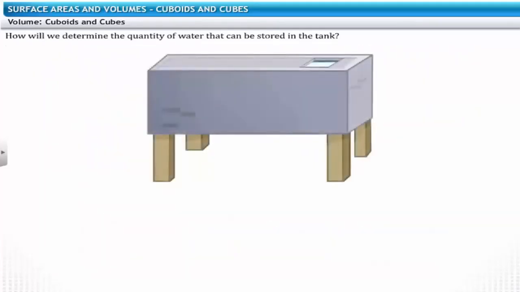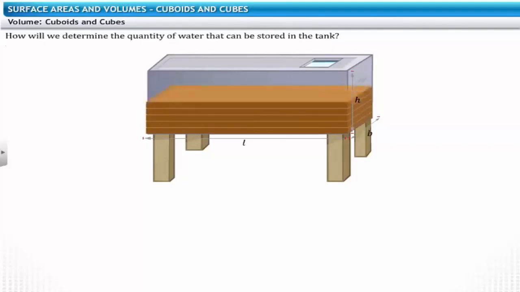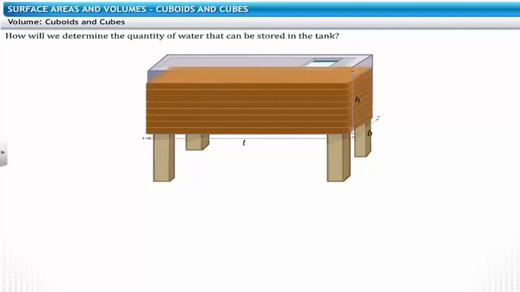Now, in case of the tank, if its length, breadth, and the height is known, then we can derive the formula to calculate the volume of the tank. Let's imagine the water tank is made up of H number of rectangular sheets. The space occupied by one sheet, or the volume of one sheet, is equal to the area of a single rectangular sheet.